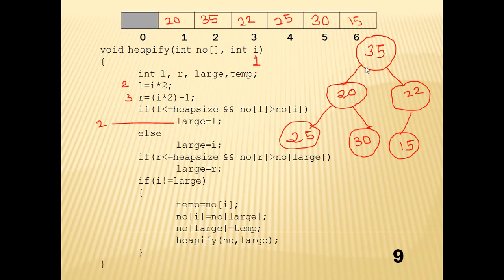Okay, we have interchanged these two elements, 20 and 35, similarly the array will be changed, and again heapify will be called.